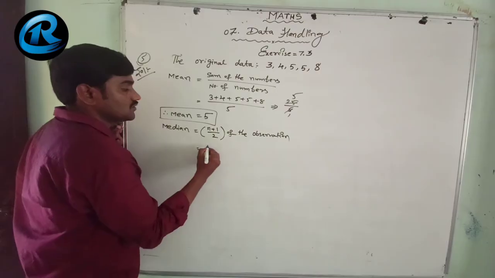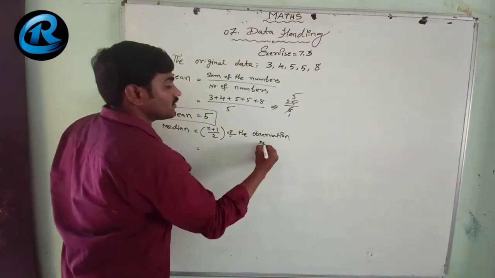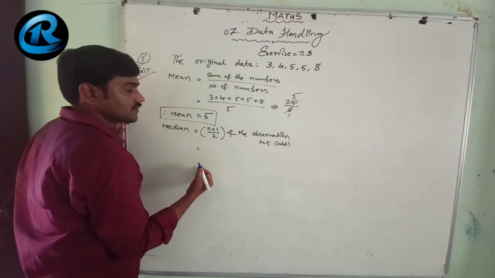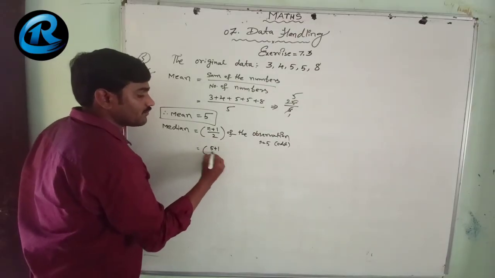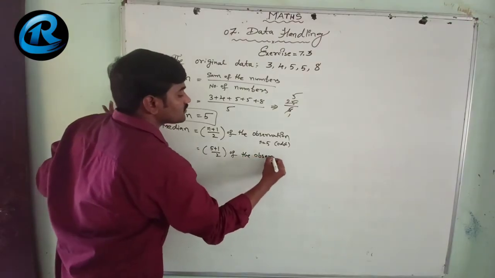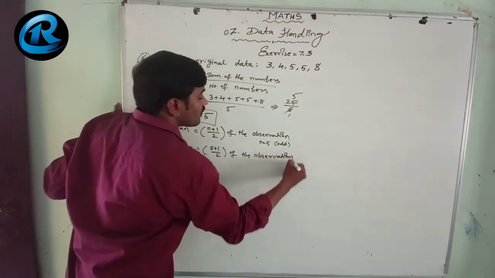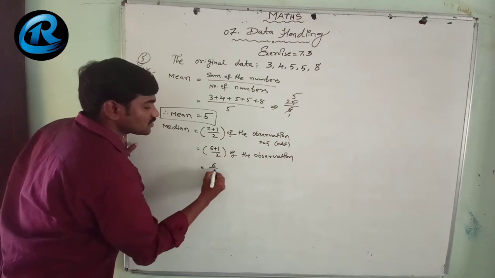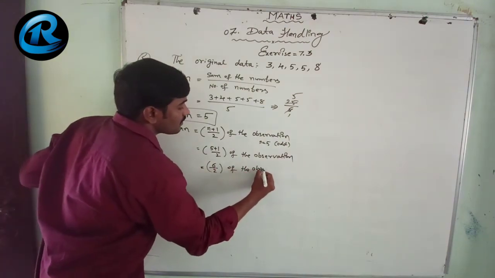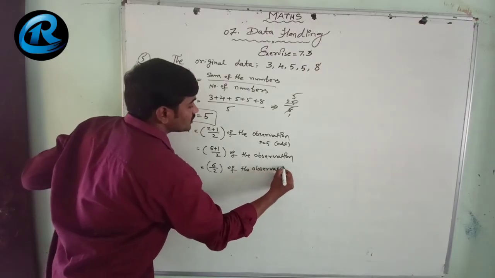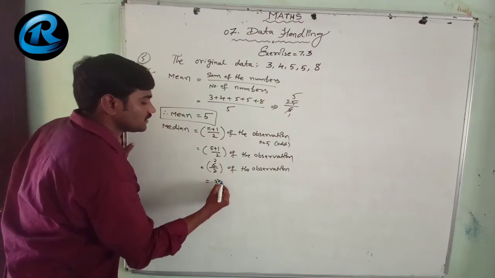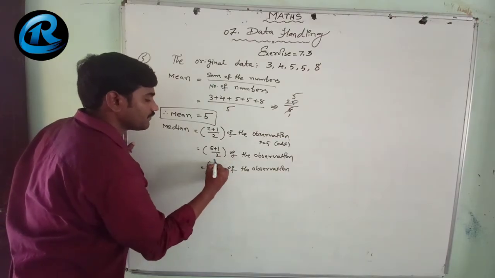So 5 plus 1 by 2 is 6 by 2, that is the third observation of the data.